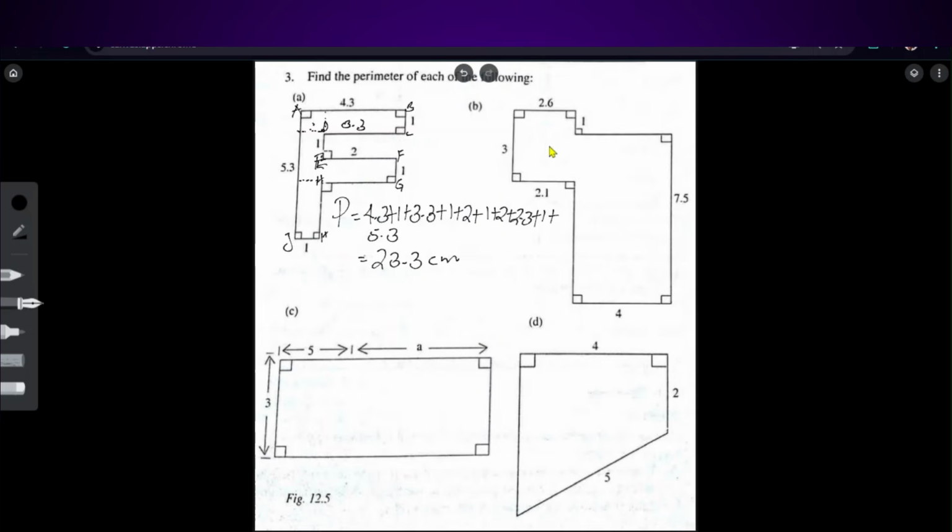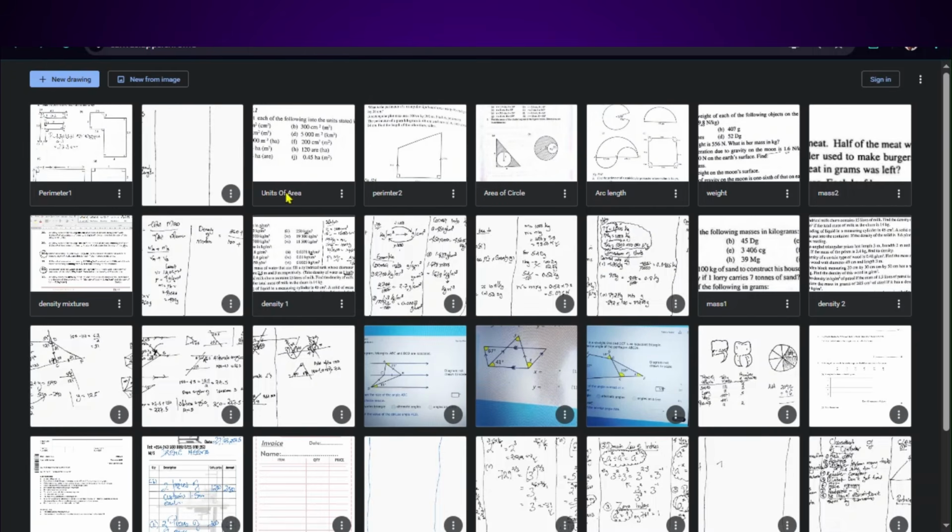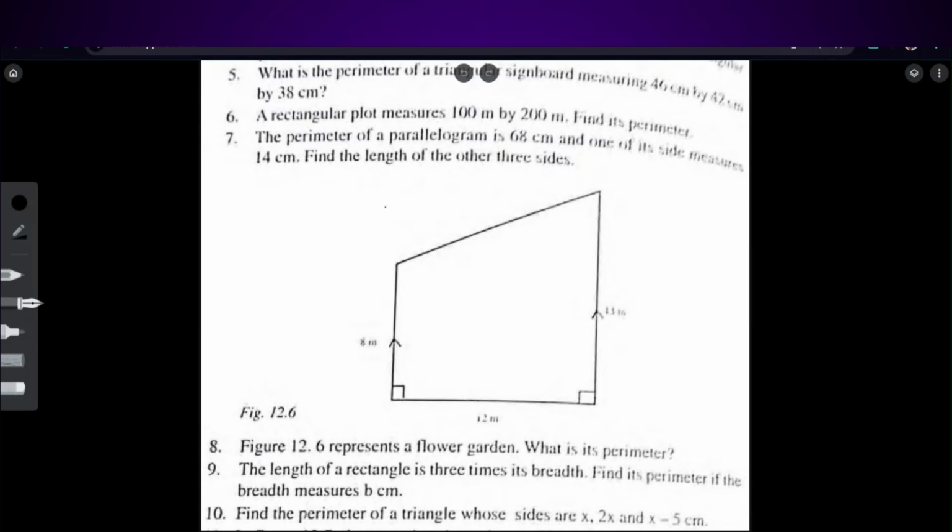So even for other examples, like B, C, D, perimeter is the same: the distance around a figure. If I pick another example from a different angle, or even another one of a different nature, here you have the perimeter of a triangle.